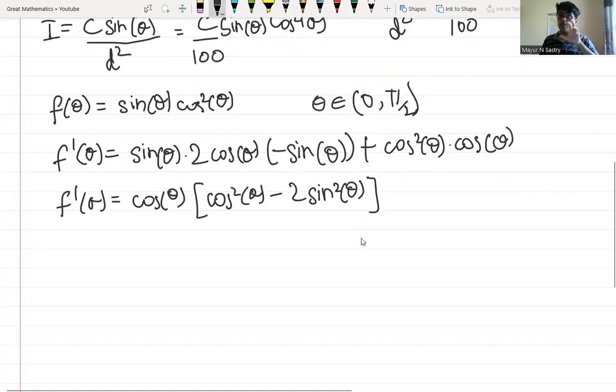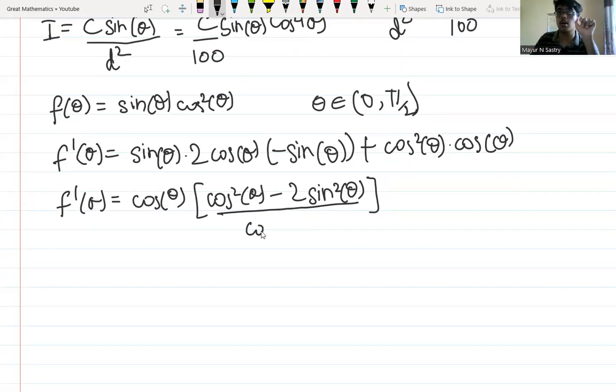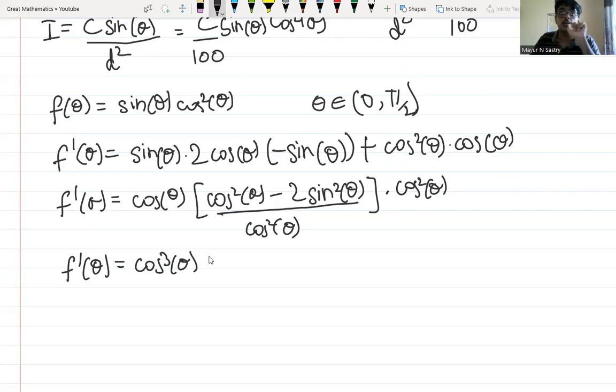Now I can do one more thing, because if I divide by cosine squared theta in this part like this and multiply by cosine squared theta again, then we notice that f prime of theta becomes cosine cubed theta times 1 minus 2 tan squared theta.